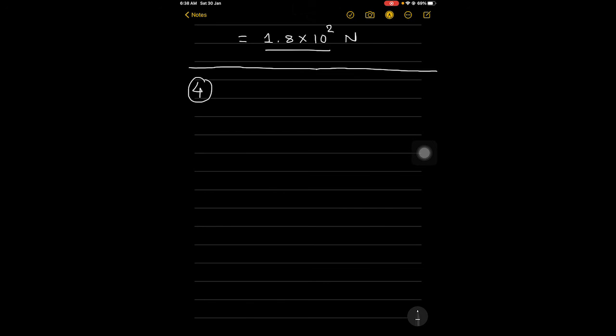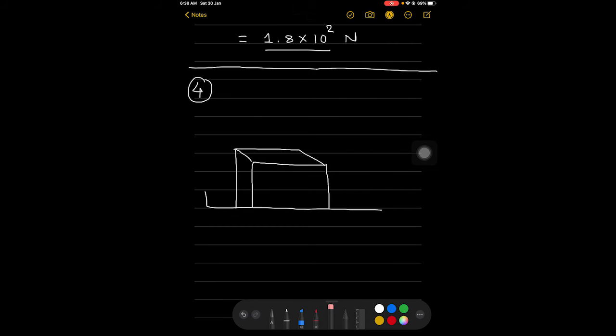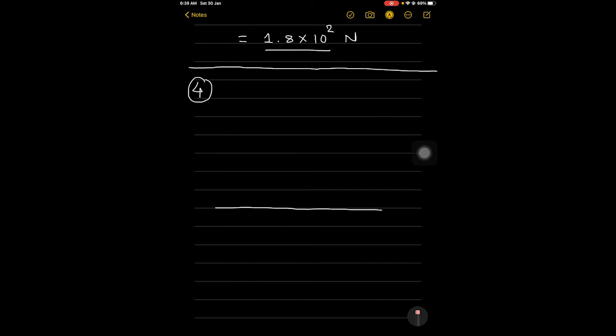So now it is very clear. If we consider the slab, this is one base on which the slab is kept. Let us draw again with a little bit more proper figure.